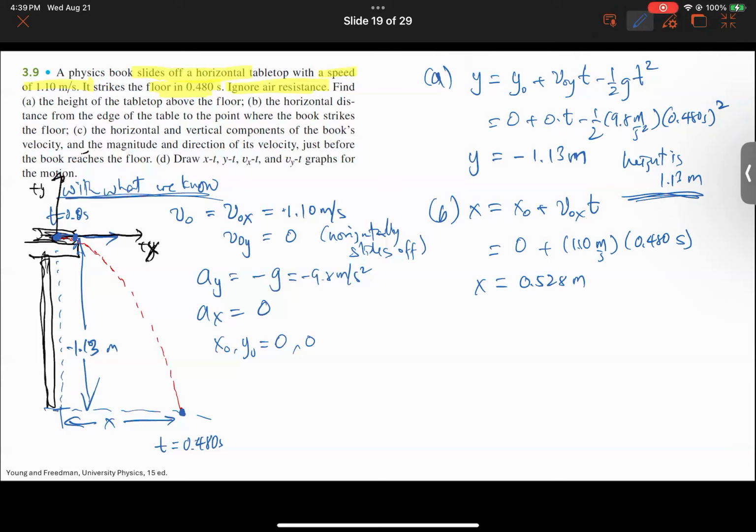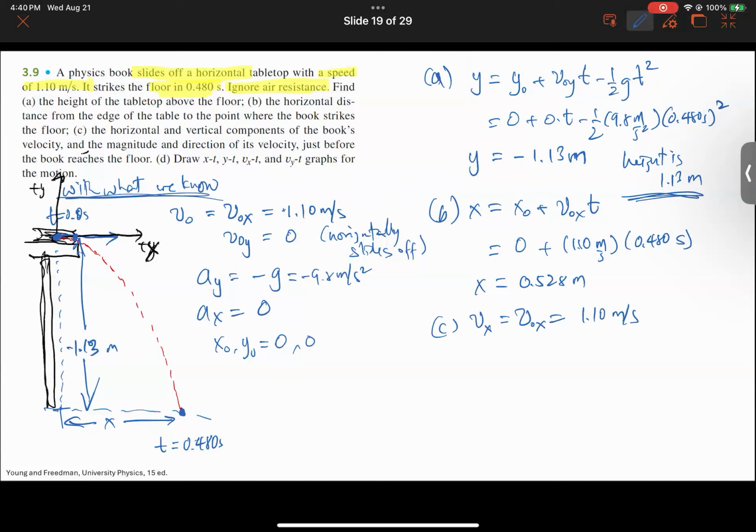Letter C. Ano yung horizontal and vertical components of the book's velocity? Okay, just before the book reaches the floor. So at this point, just before it hits the floor, ano yung horizontal and vertical components ng velocity ng book? Okay, so alam natin pag projectile motion, Vx is just equal to V naught x. So ibig sabihin, hindi nagbabago yung velocities niya along the x-axis.